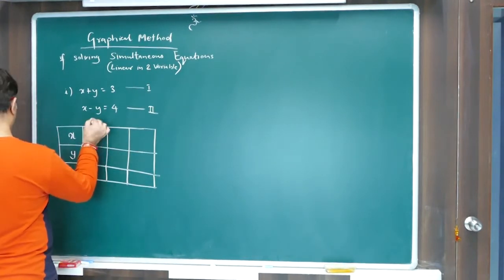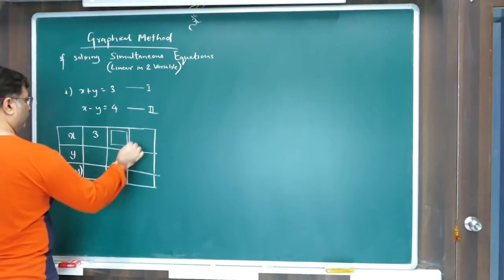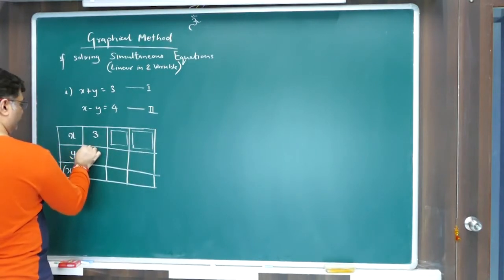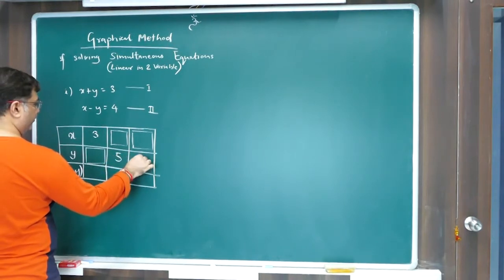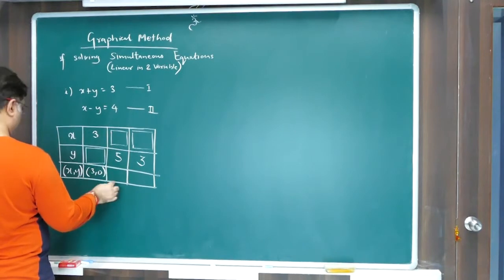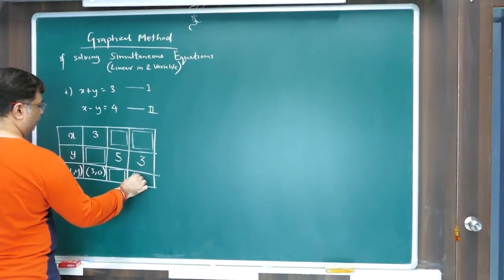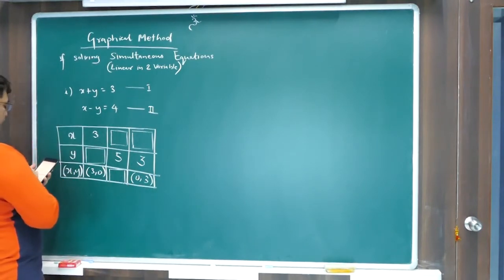Here they have put a box which we have to fill. Again, here they have put a box which we have to fill. Here they have put a box which we have to fill. Here they have 5, here they have 3. So here 3 comma 0. Here there is a box which we need to fill, and here 0 comma 3. Alright. So this is what they have mentioned.